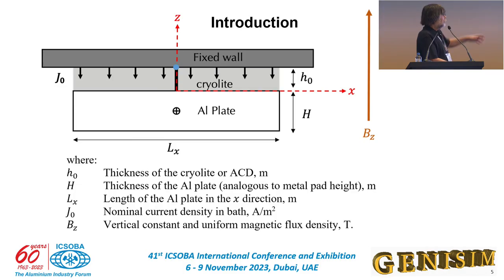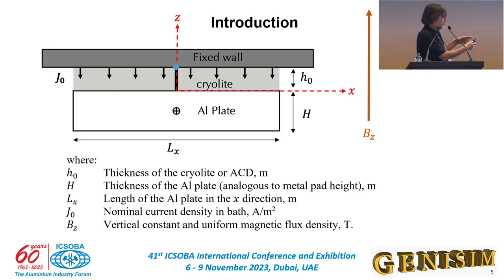And here we have the definition of the different parameters, because they are shown in the coming equations. What's important is BZ, a uniform magnetic field all over this device, uniform everywhere. And so this is the device.